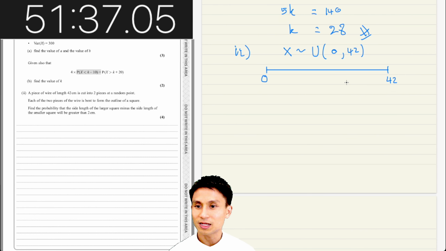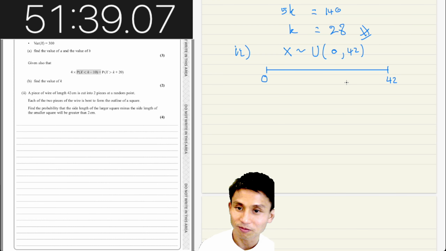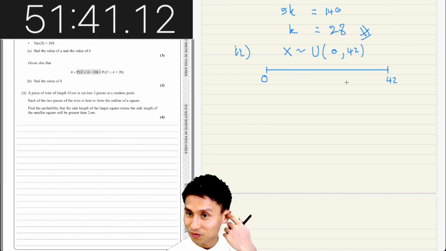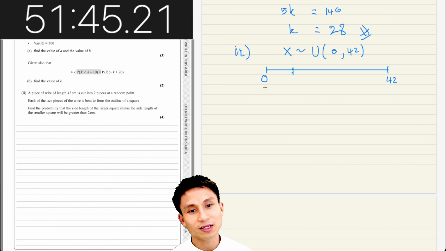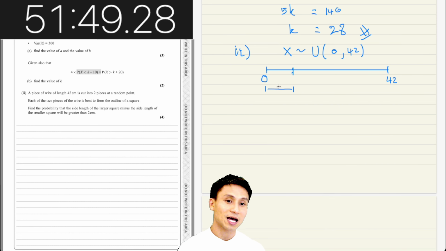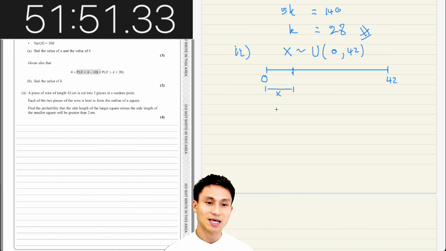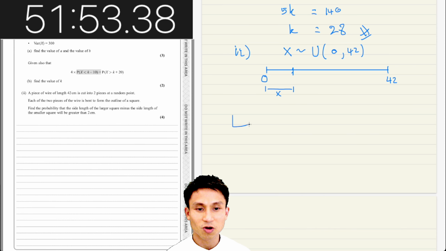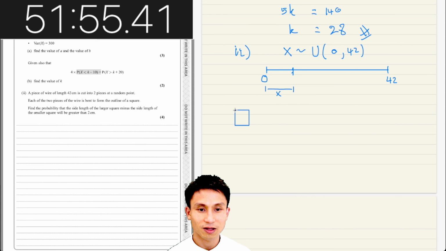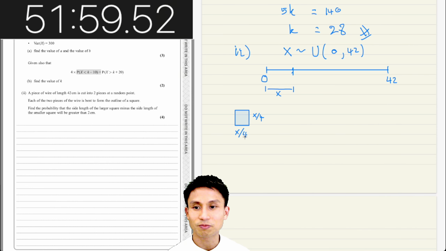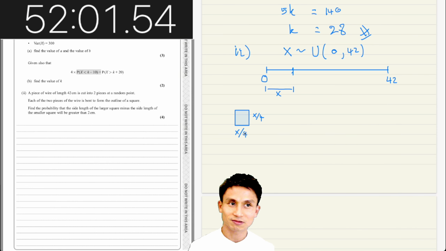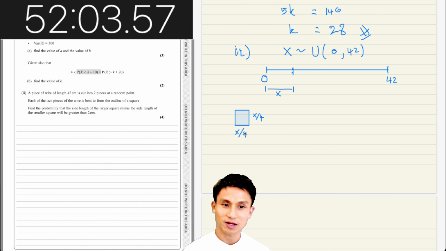Find the probability that the side length of the larger square minus the side length of the smaller square will be greater than 2. So let x be where we cut from 0. The smaller square, maybe this one here, would have side x divided by 4 because you need to bend that into a square. Let's say a perfect square.